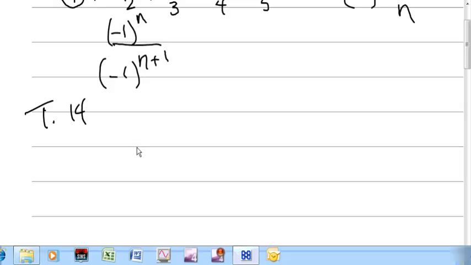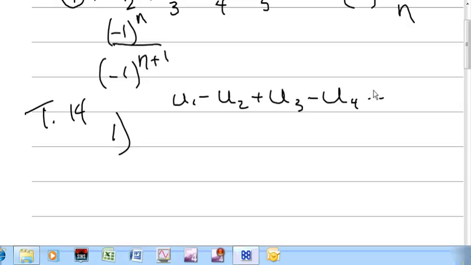Okay, so this is a test for convergence. Number one, they say that if you have an alternating series of the form u1 minus u2 plus u3 minus u4 and so on, it says that all u sub n's are positive.